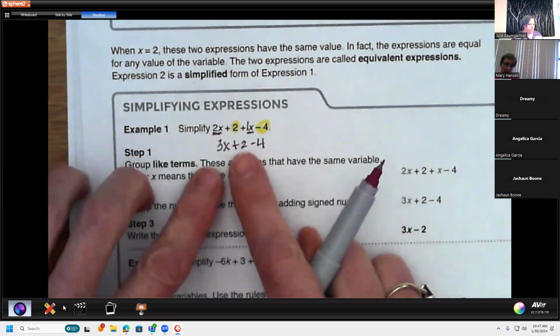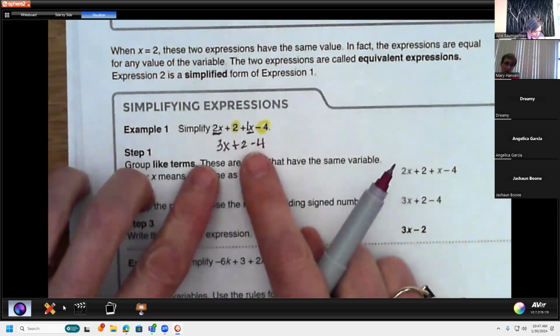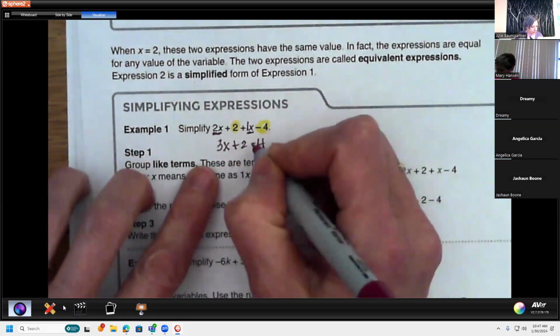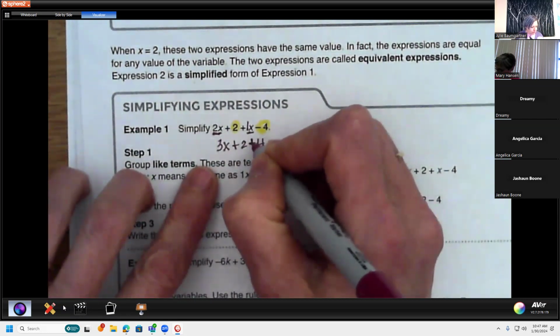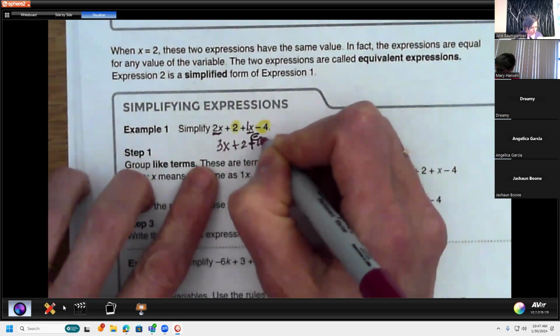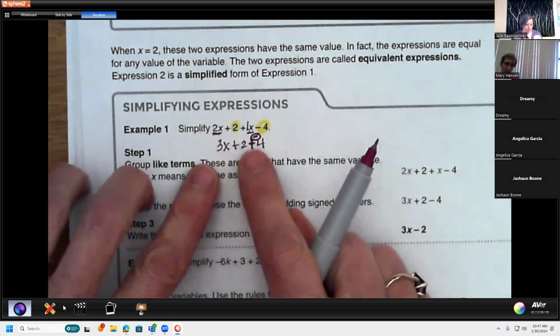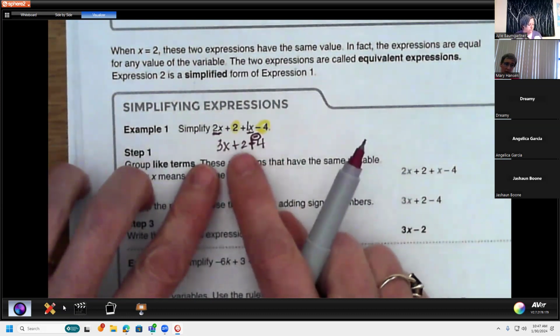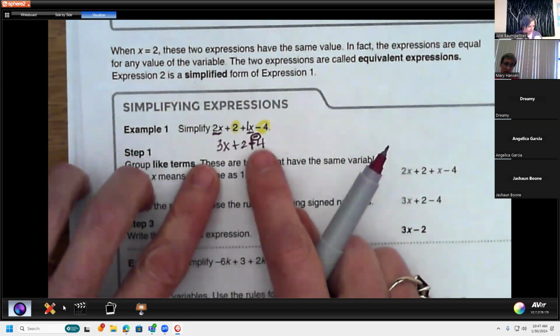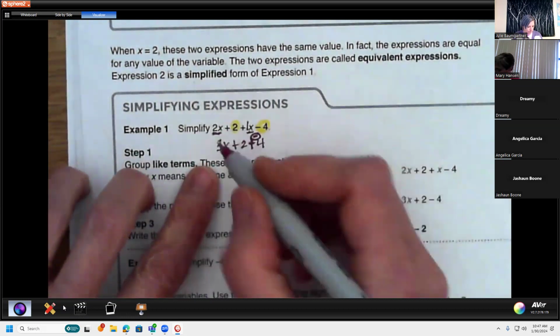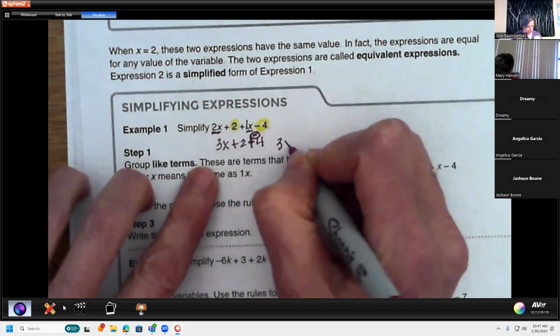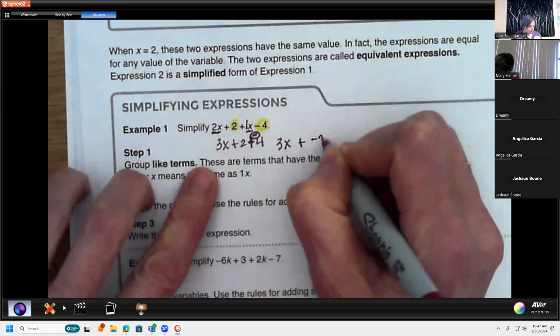And now I can also do 2 - 4. Again, I typically would want to change that subtraction to addition and change the sign of the second number. So now I have 3x plus 2 plus -4. My signs are different, so I subtract and I keep the sign of the larger. So I end up with 3x plus -2.